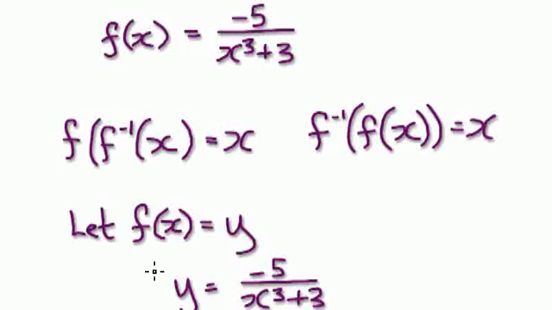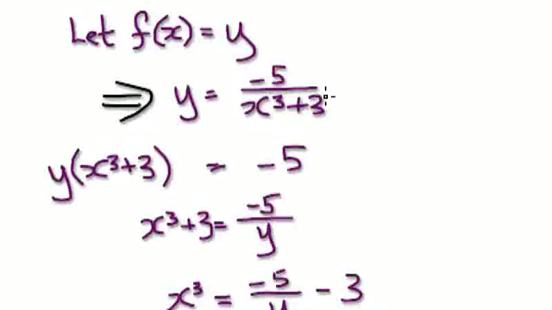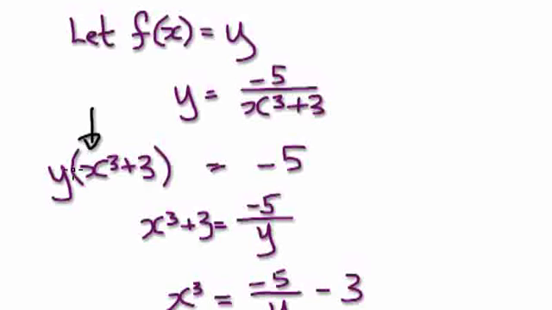So y equals that. Now visualize this as being a bubble. You multiply this bubble to both sides, so you have y times the bubble equals -5, and keep an eye on x here. Divide both sides by y, so you will have this.